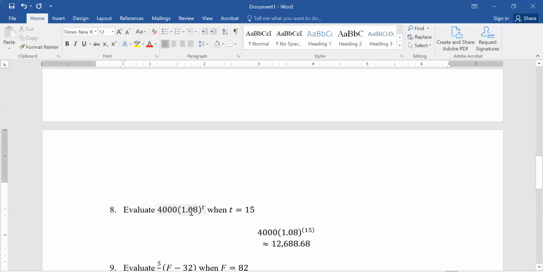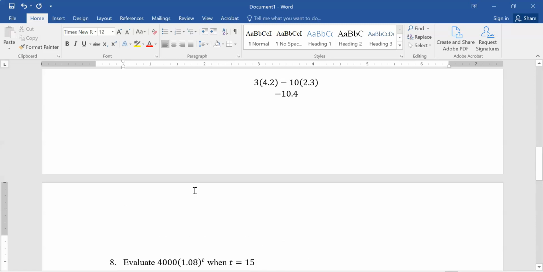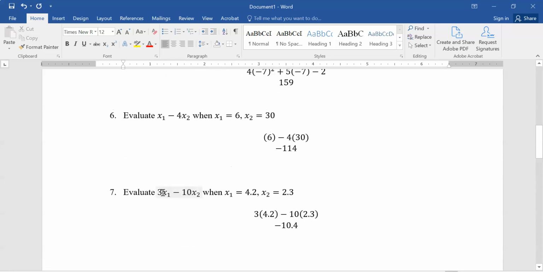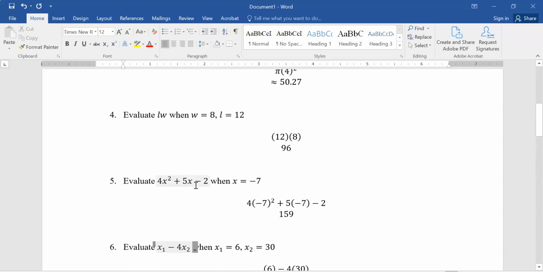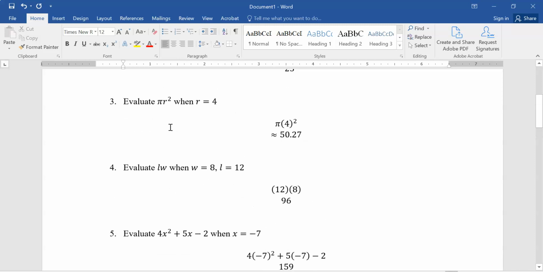This is another compounding interest formula. And then 7, 6, those are just expressions. 4 is the area of a rectangle, LW. And then pi r squared, that's the area of a circle.